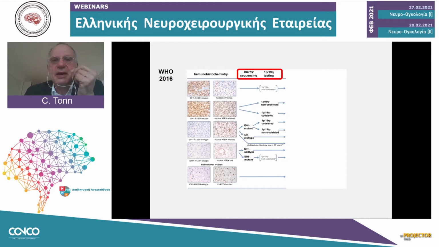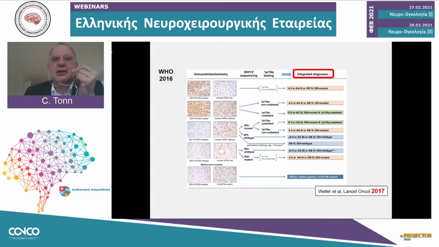And this results now in an integrated diagnosis, which means you have histology, you have the question whether or not it's an IDH1 mutated tumor, and you have to see whether or not co-deletion of 1p19q occurs. The co-deletion 1p19q, number 1, is only restricted to oligodendrogliomas, and number 2, it only occurs in IDH1 mutated tumors.